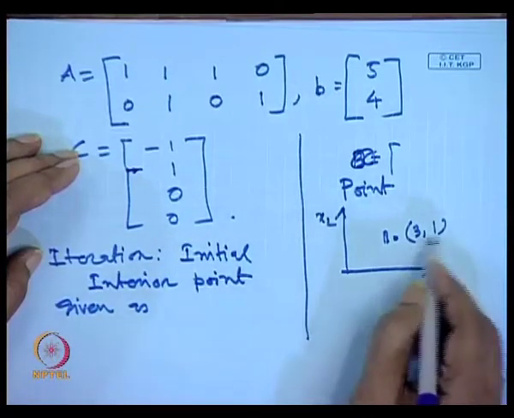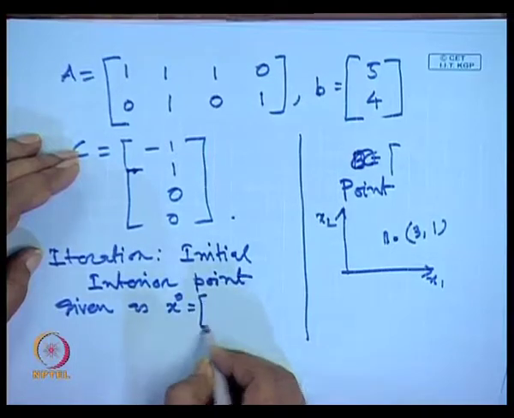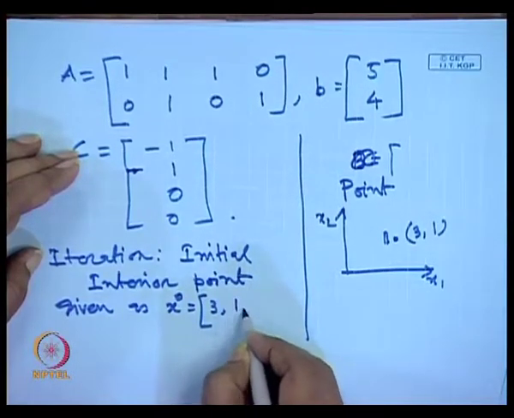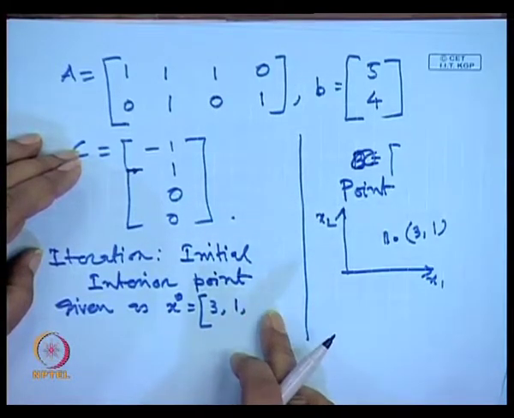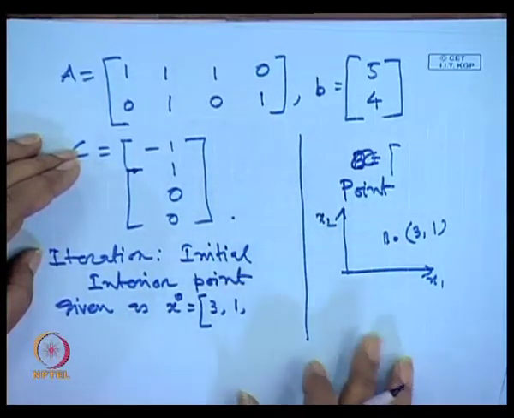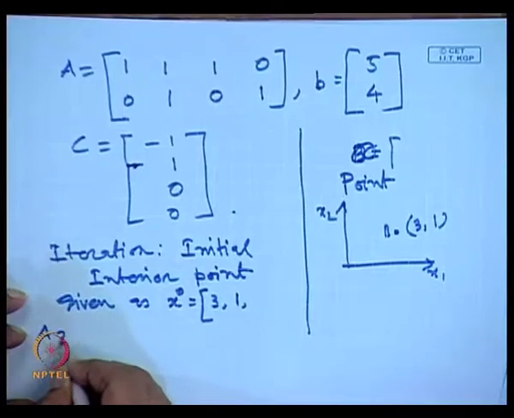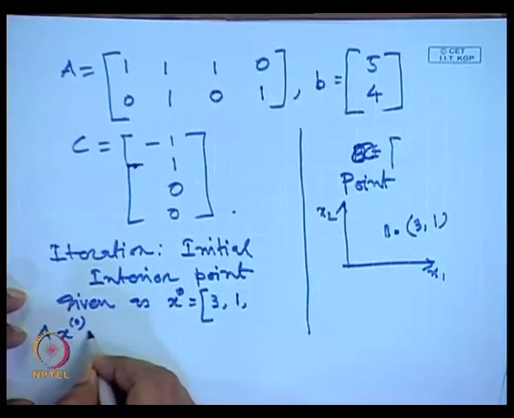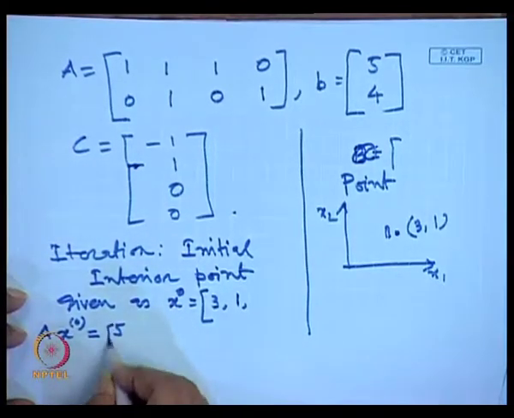Now, I know x is 3, 1. What are x3 and x4? We have to select x3 and x4 in such a way that it satisfies the equality constraints. So, in order to check the equality constraint, A into x equal to 5 and 4.